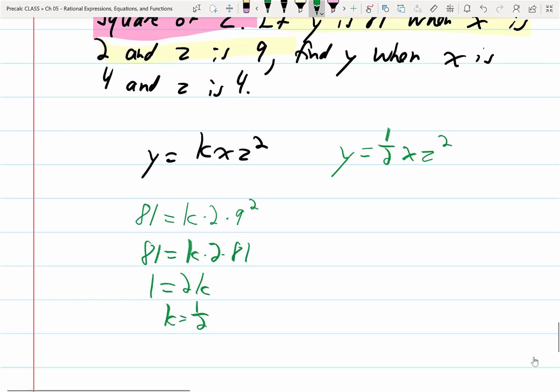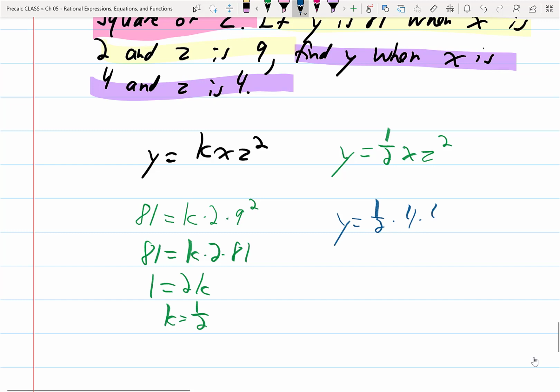Then find y. Finally, we're going to find y when z is 4 and x is 4. So y is equal to 1/2 times 4 times 4 squared, and that gives me y is equal to 32.